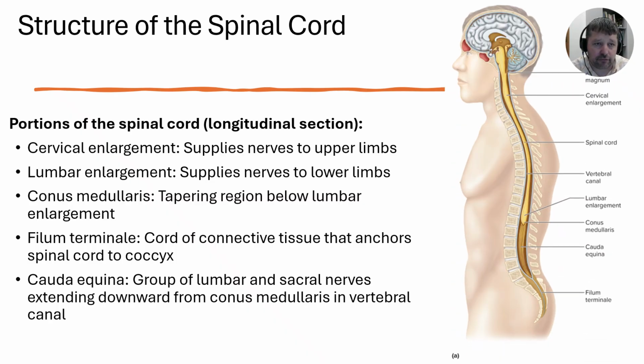So if we're looking at this, the cervical enlargement is supplying the nerves to the upper portions of the body, the upper limbs. The peripheral nervous system would connect into this cervical enlargement. It's larger there because there are more nerve bodies, more nervous tissue, and more connective points. That doesn't mean all these signals have to be sent up into the brain.